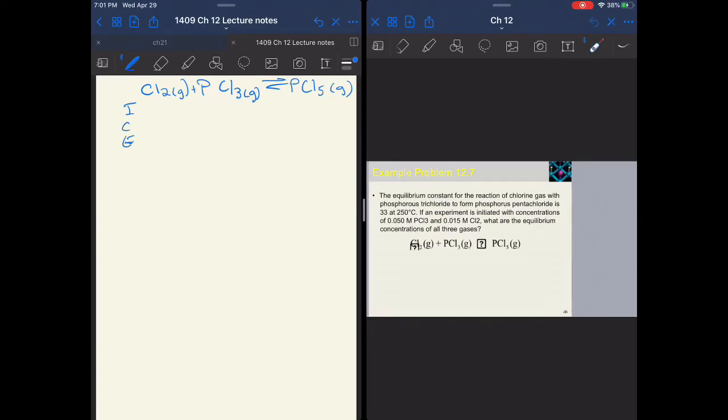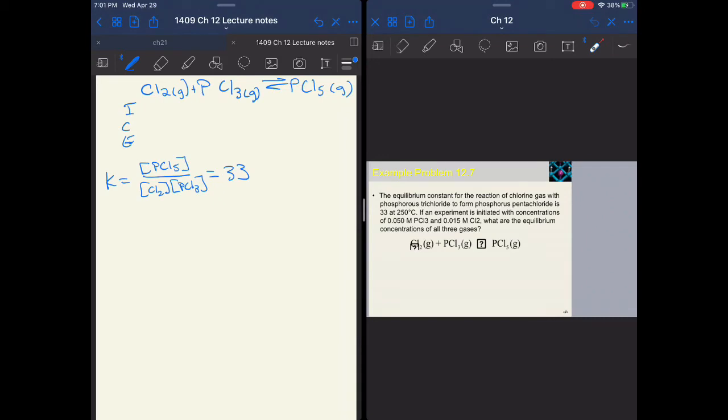I know that my K is going to be equal to PCl5 over Cl2 and PCl3. Everything has an exponent of 1 here. And that is going to equal 33, like we see right here.